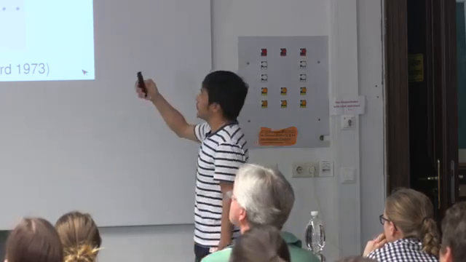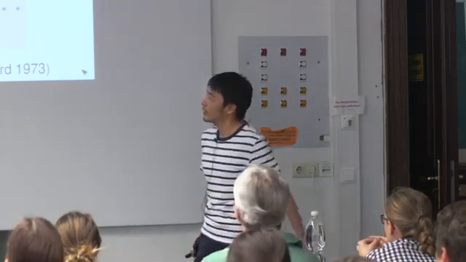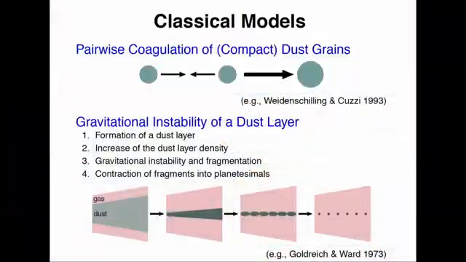So then to solve this problem, people worked on the standard formation scenario. They found this mechanism called gravitational instability of a dust layer. So here, this is a part of the protoplanetary disk, and it consists of gas and dust.